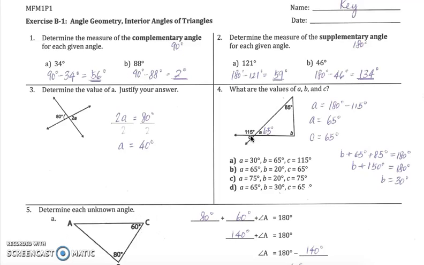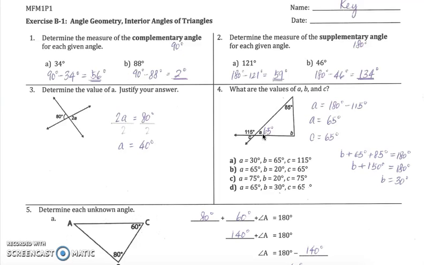So we can calculate angle A by subtracting 115 from 180. We get angle A as 65 degrees. Because angle C is also a supplementary angle to 115 degrees, or angle C is an opposite angle from angle A, therefore angle C is also 65 degrees.